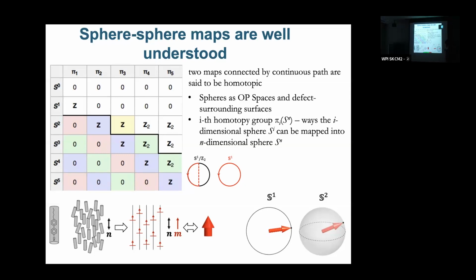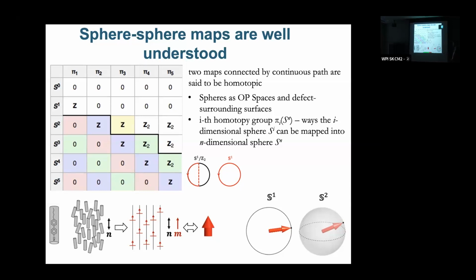And you can see from this example that spheres play a somewhat special role in this homotopy theory characterization, because many different physical systems can be described by order parameter spaces that are multidimensional spheres, right? And you can see here some examples, right?